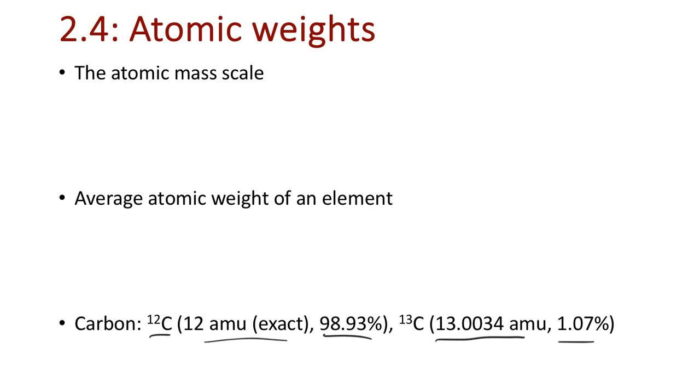Okay, so let's talk about this atomic mass unit scale. Now, on one hand, we can define a conversion factor that relates AMUs to grams, but let's talk a little bit about how the scale itself was devised. So the way this scale is set up is that one single carbon 12 atom in this scale is defined to have a mass of 12 AMU, and this is by definition.